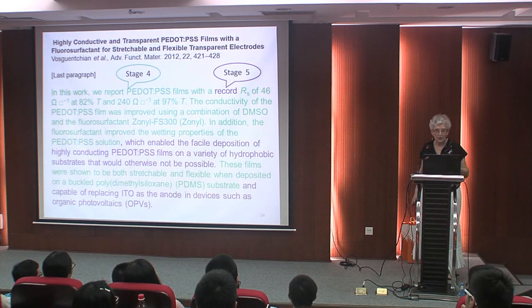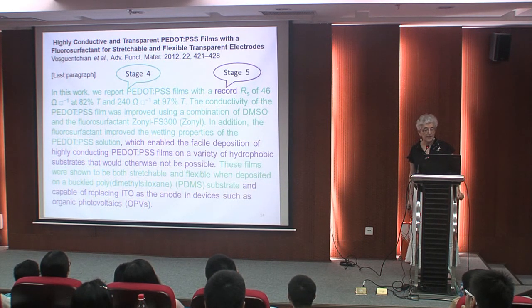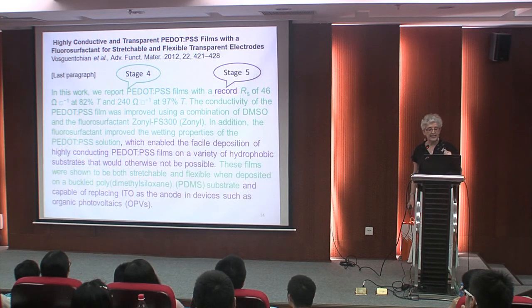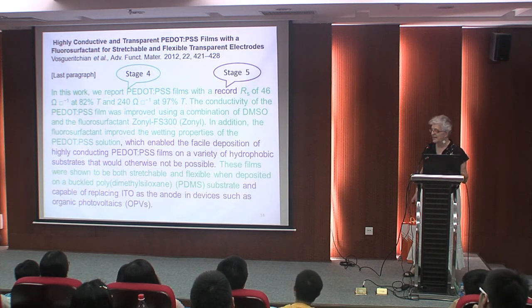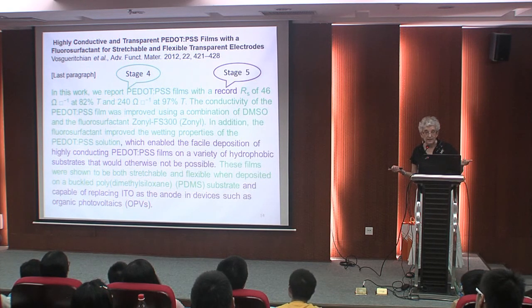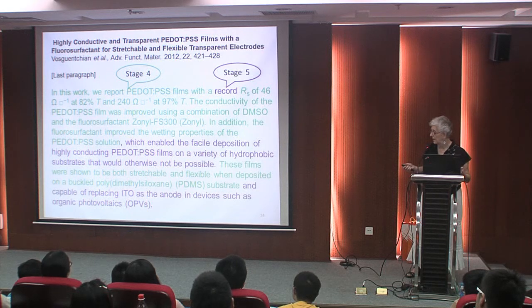The benefit, value. Now, some more, stage 5, which enabled the facile deposition of highly conducting films on a variety of hydrophobic substrates that would otherwise not be possible. Is that value benefit? Yes? So that's stage 5. Back to stage 4.